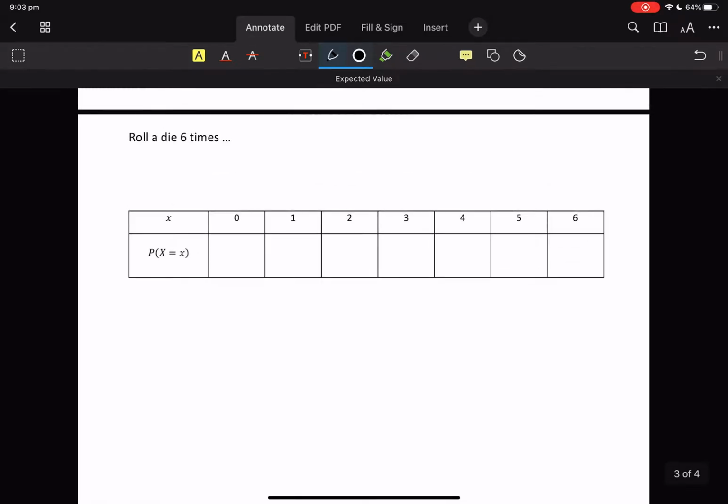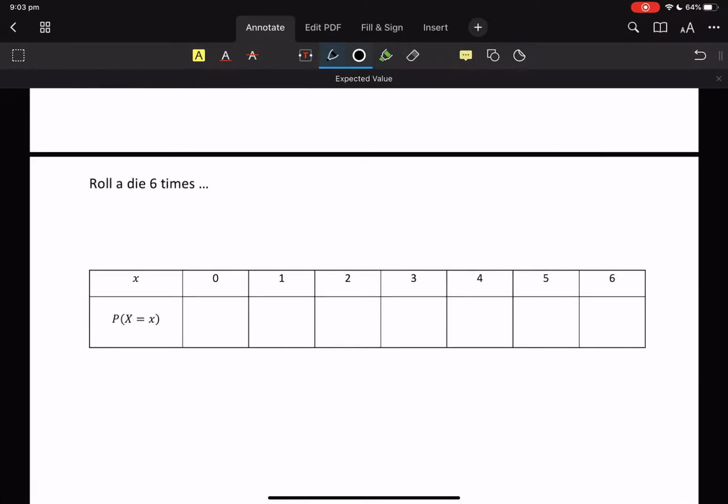Okay, I roll a die 6 times. Let's set the big X equal to rolling a 1. So here, this 0 represents, out of 6 rolls, I get 0 ones.